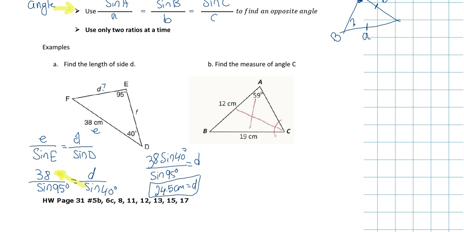Okay, for the second question, it's asking you to find the measure of angle C. Do I have enough information to use sine law? Yes. I know angle A and its opposite side a, and I know side c, and I'm looking for angle C. So what are the two ratios that I'm going to use? A and C. And which formula do I use?